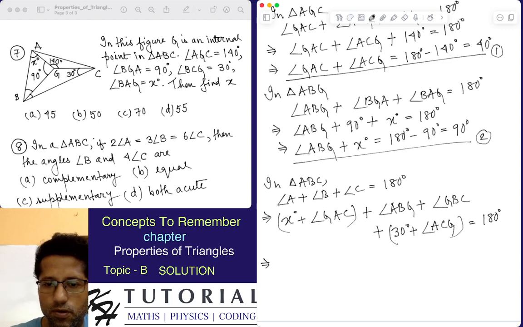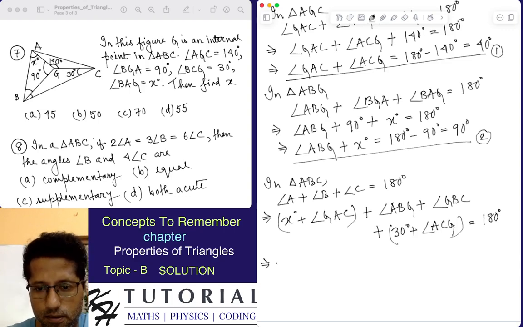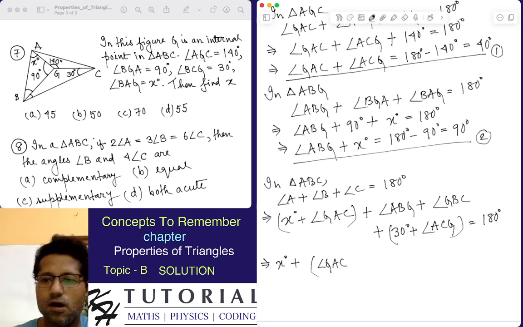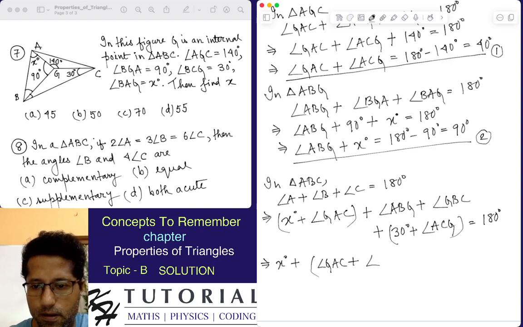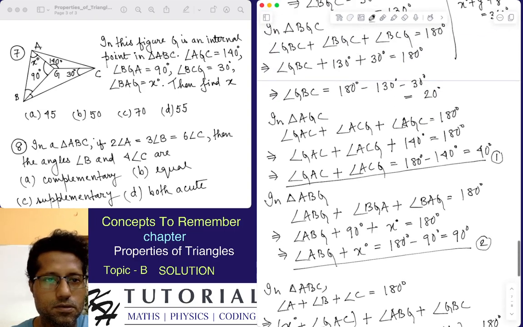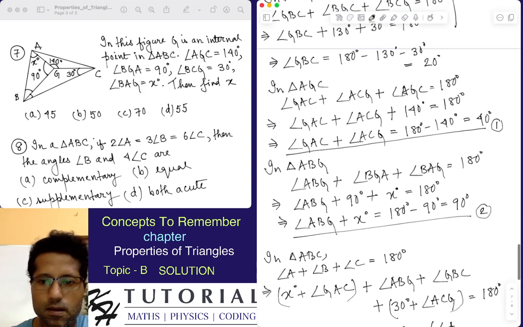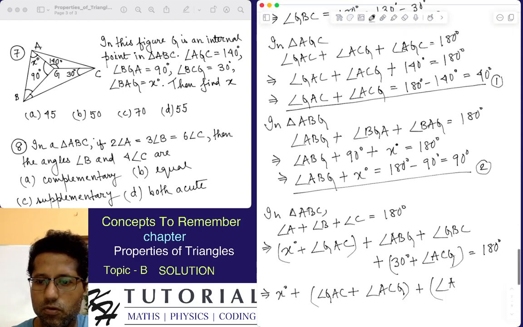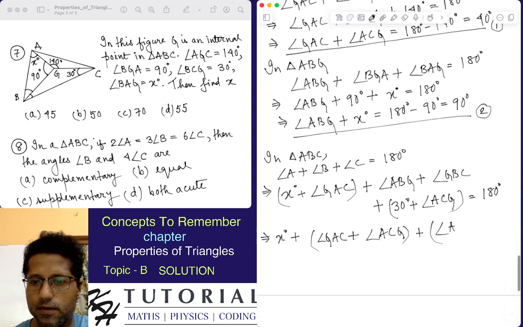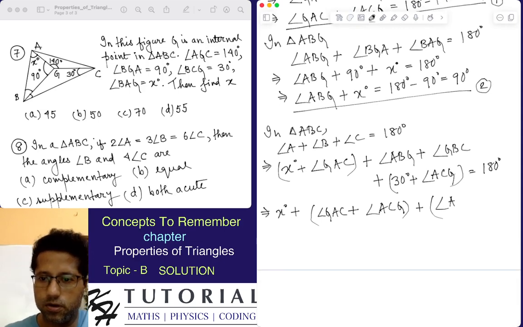Now if we rearrange the last equation and say that this is x plus angle GAC, combine the angles of the same triangle, we get ACG and plus angle ABG, GBC is equal to actually 20 degree. And what is ABG? ABG is 90 degree. Okay, fine.